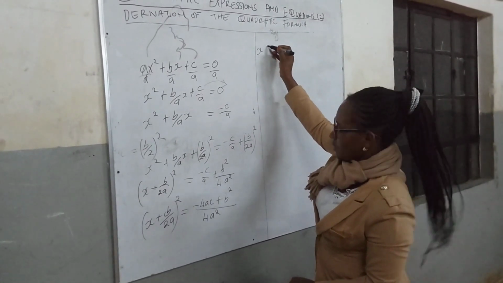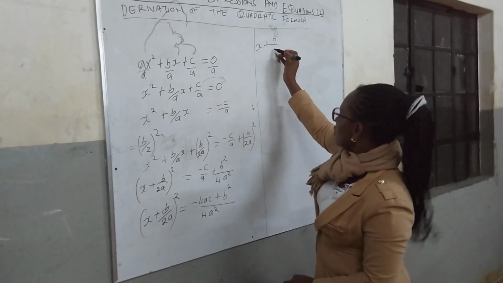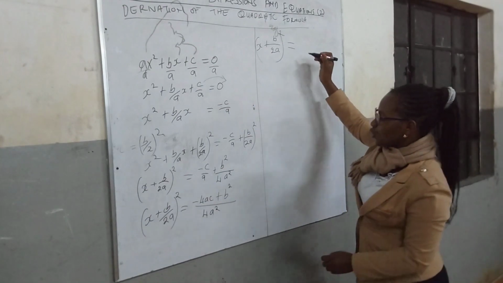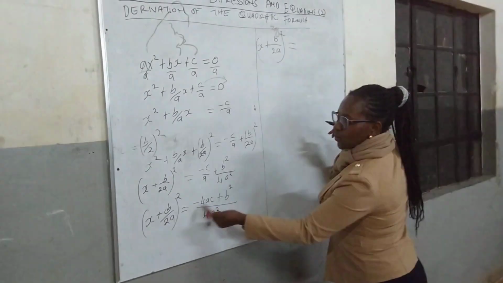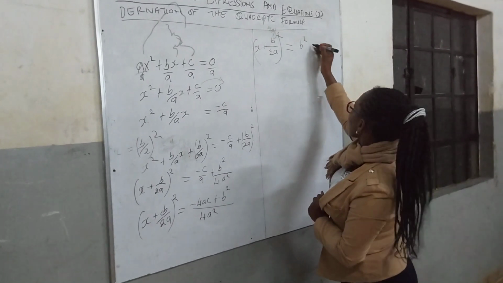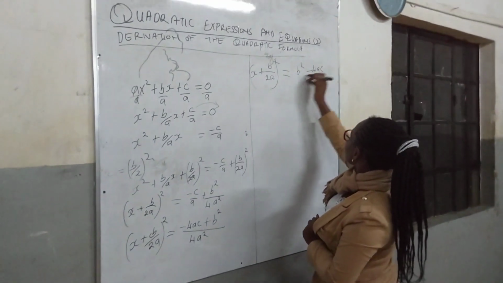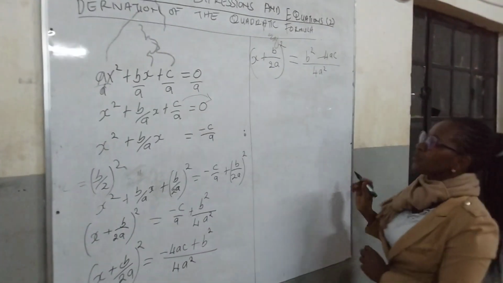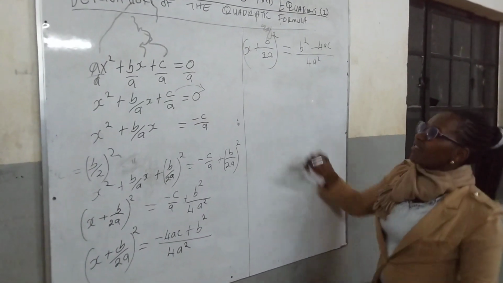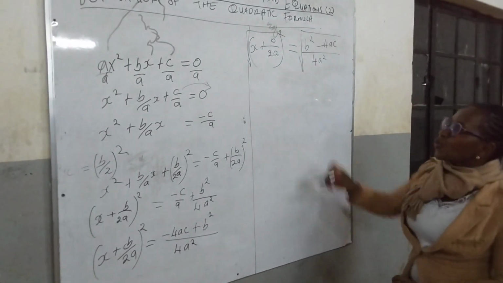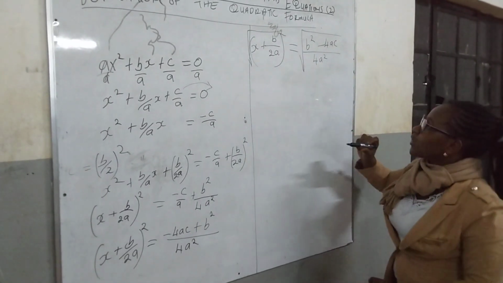We have x plus b over 2a squared being equal to, on this part now we can rearrange. We can start with b squared minus 4ac divided by 4a squared. So on this part now, we find the square roots on both sides to eliminate the square that we have there.